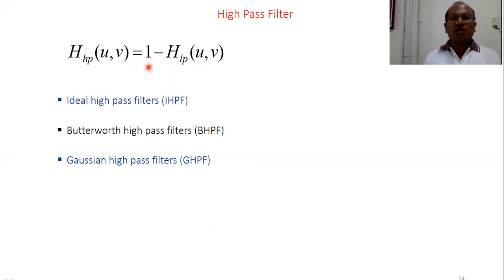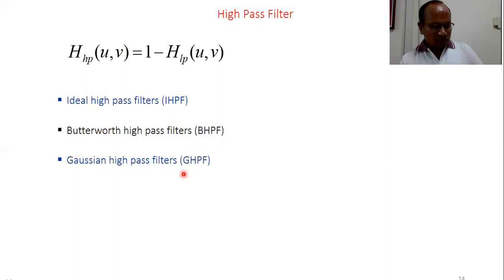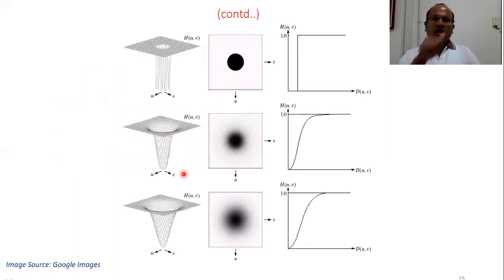As we have studied three important filters in the low pass category: ideal low pass, Butterworth low pass, and Gaussian low pass, in a similar manner the high pass filter also has three types: ideal high pass, IHPF, Butterworth high pass, BHPF, and Gaussian high pass, GHPF.